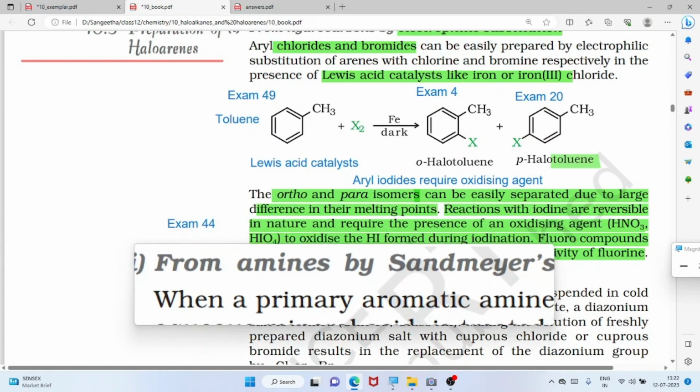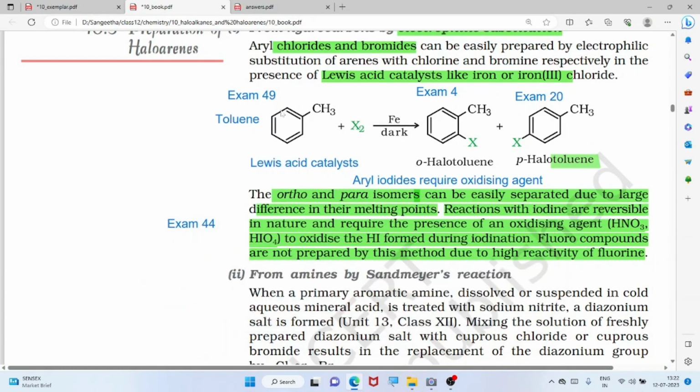Toluene. So this gives ortho and para halo compounds. This is that reaction.